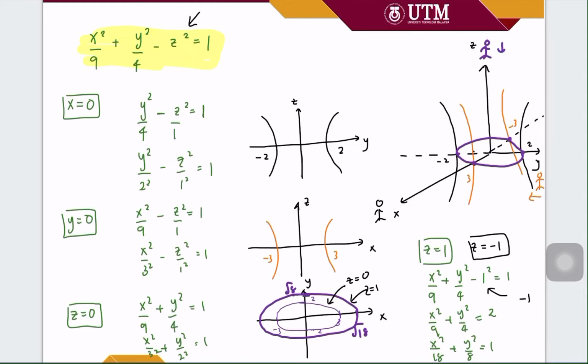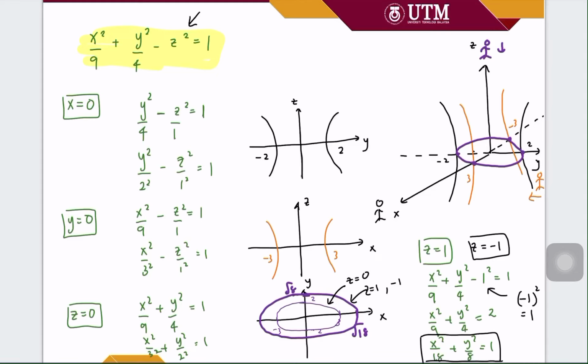It is negative 1 squared, and still we will get 1, which is minus 1 there. Then we bring it to the other side, it will be 2. So we still have the same equation of the ellipse and we still get the same level curve. So z equal to 1 and z equal to minus 1 will be the same value.